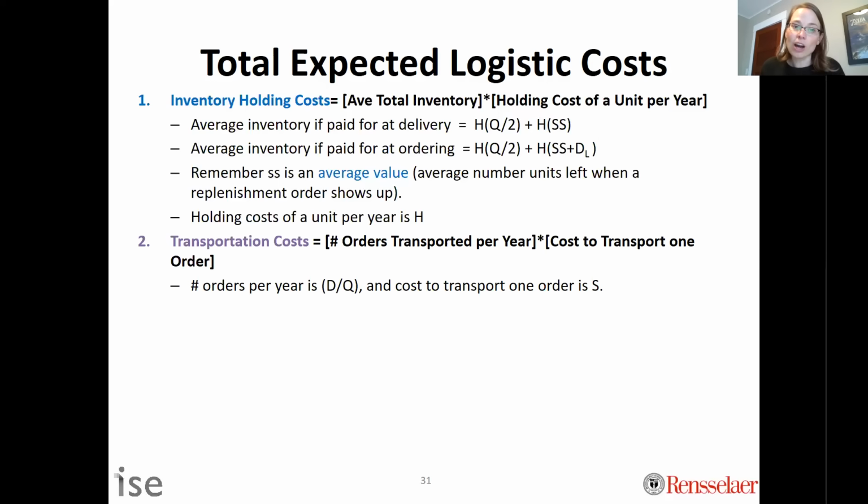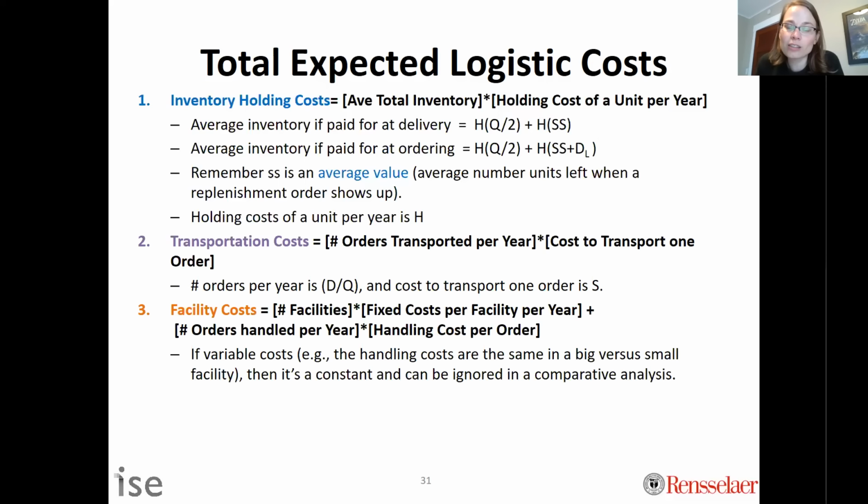From a transportation cost perspective, we need to know how many orders, how many transportation shipments we make, and then what is the cost of one of those shipments. So the number of orders per year is D over Q, and the cost to transport one order is typically S, and that's the S from the EOQ model. And then in terms of facility cost, we have the number of facilities times the fixed cost per facility.